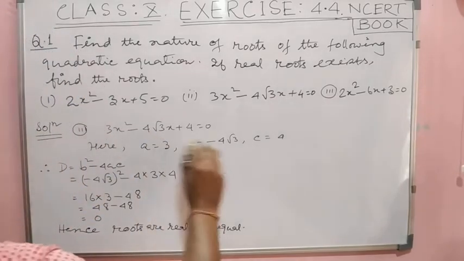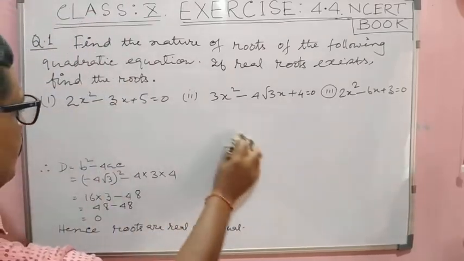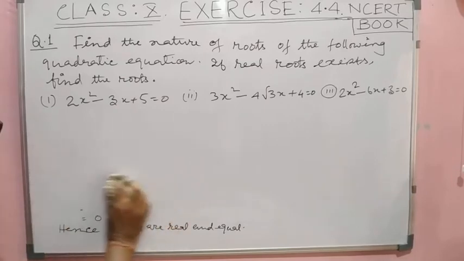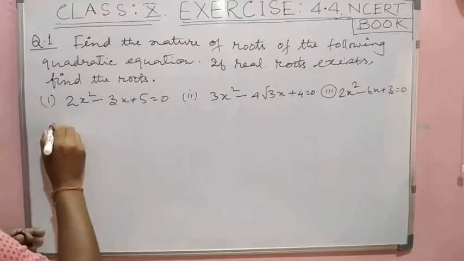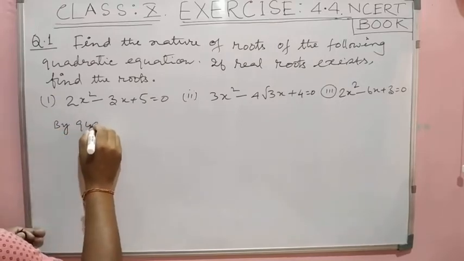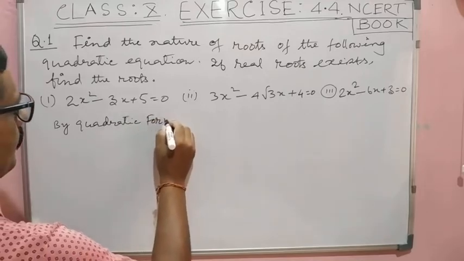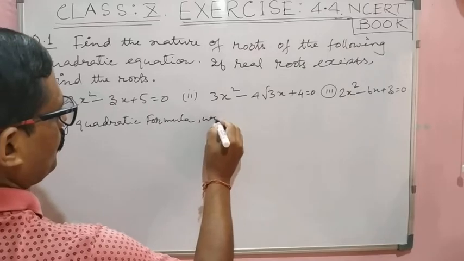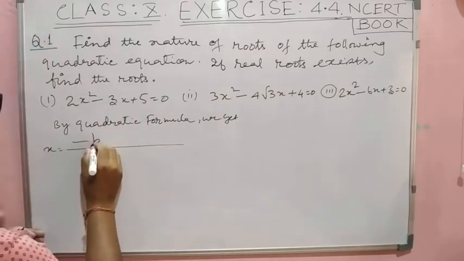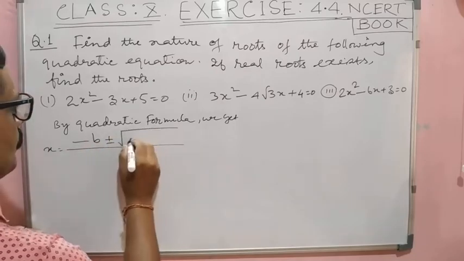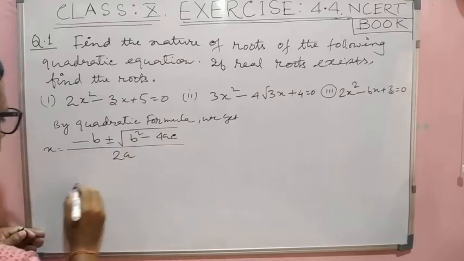So by quadratic formula we get x equal to minus b plus minus root over b square minus 4ac by twice a.